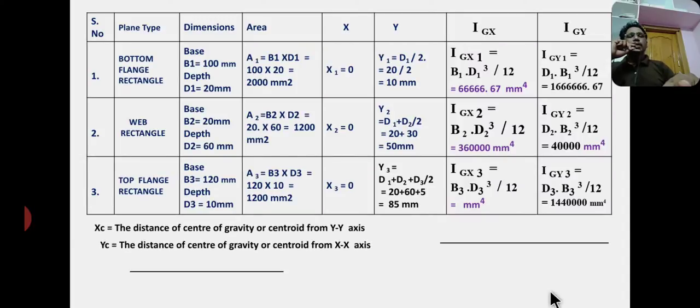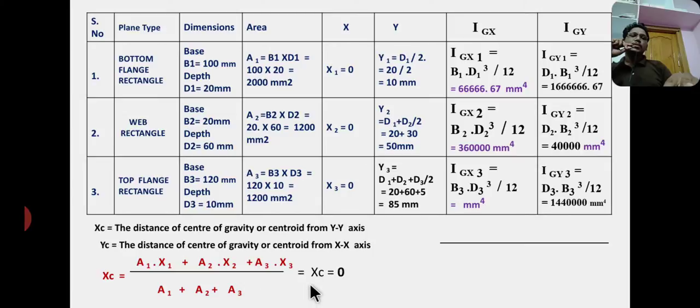Now we have to find the location of the centroid, that is xc and yc. From the general expression, xc equal to A1 x1 plus A2 x2 plus A3 x3 by A1 plus A2 plus A3. Therefore xc equal to 0 because the values of x1, x2, x3 are 0. So these are the section numbers. First section is the bottom rectangle, second section is the web, third section is the top rectangle.